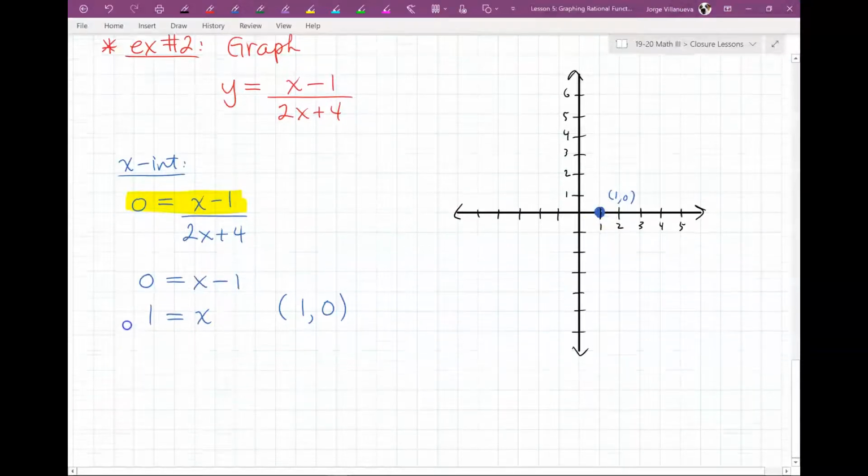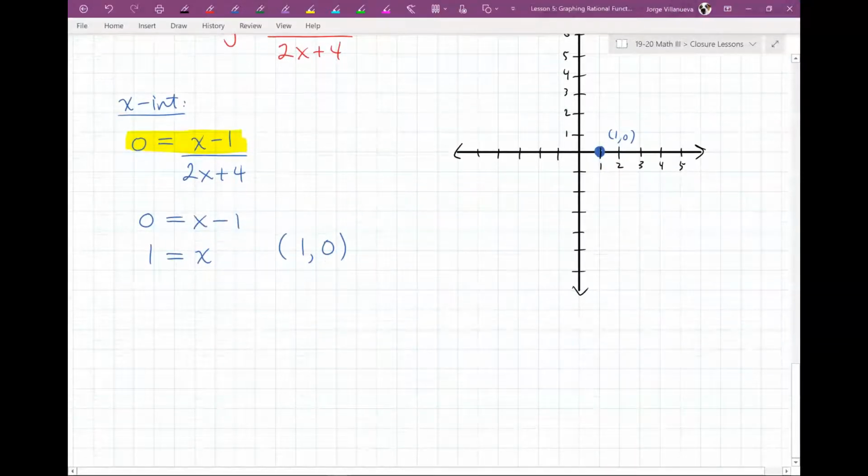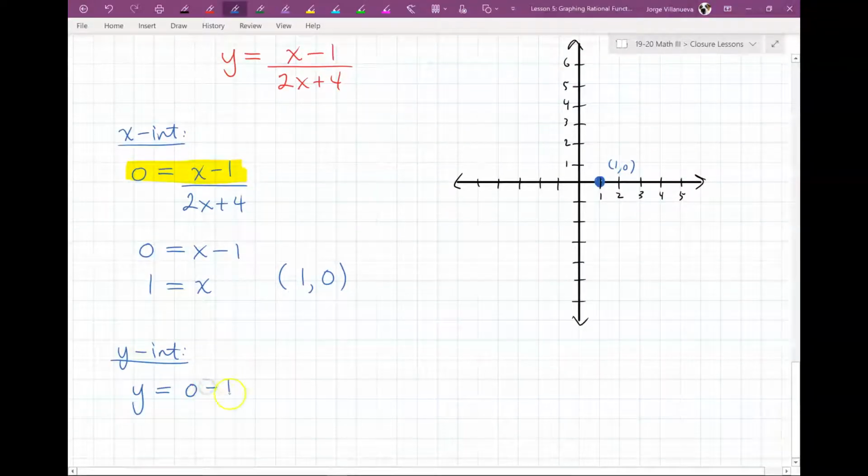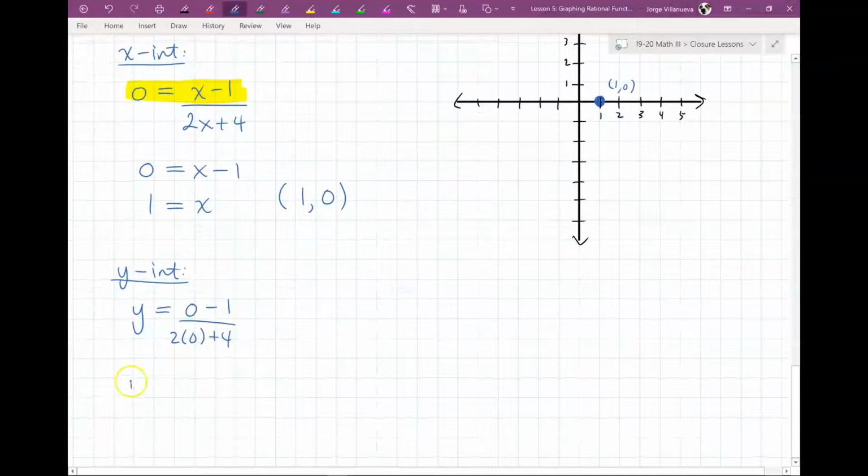Now my y-intercept. For my y-intercept, I'm supposed to let x equal 0. So it's going to be 0 minus 1 over 2 times 0 plus 4. If I solve this, I get negative 1 over 4.